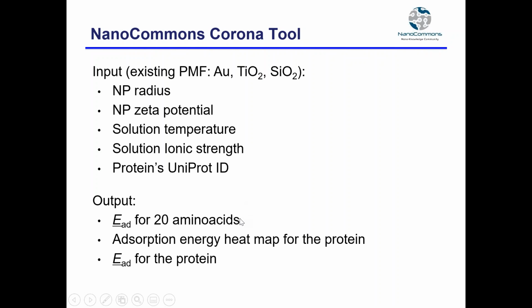Then the output of the tool will be mean absorption energy for 20 different amino acids, then absorption energy heat map for the protein in the form of a table, say for the different orientation angles, and mean absorption energy for the entire protein.